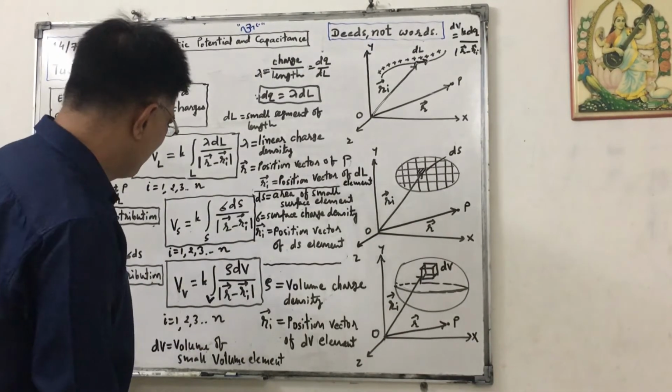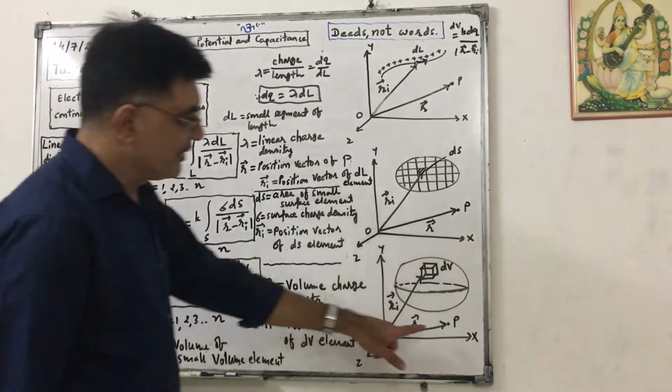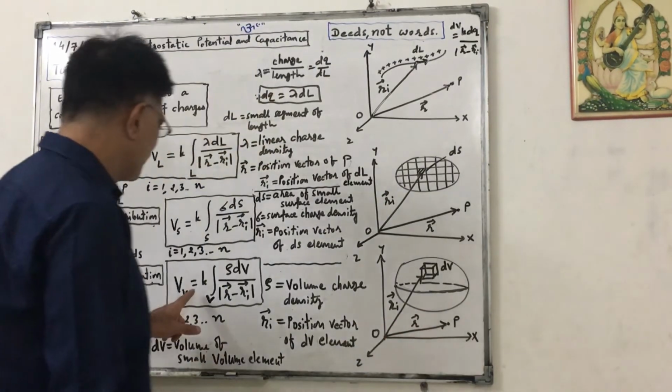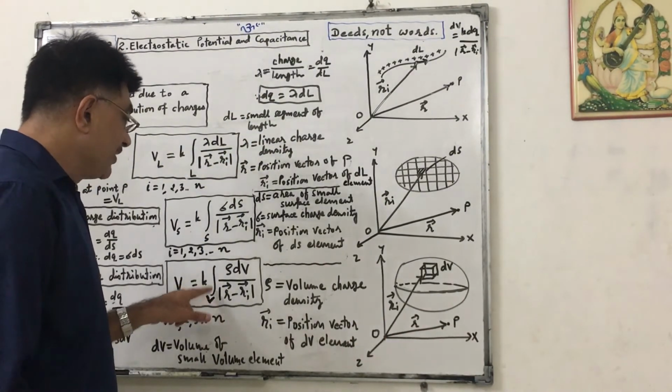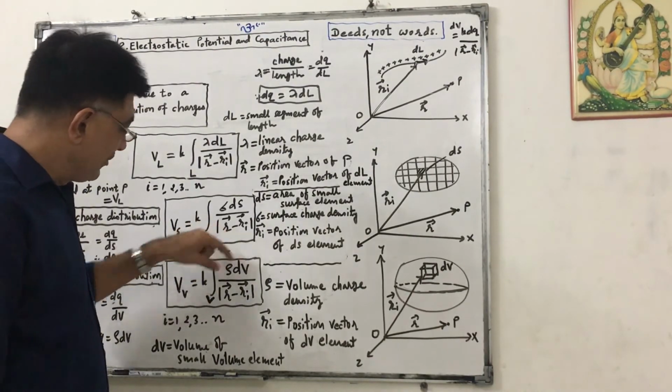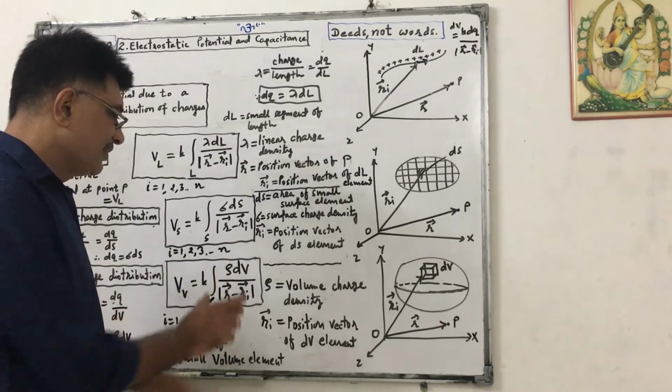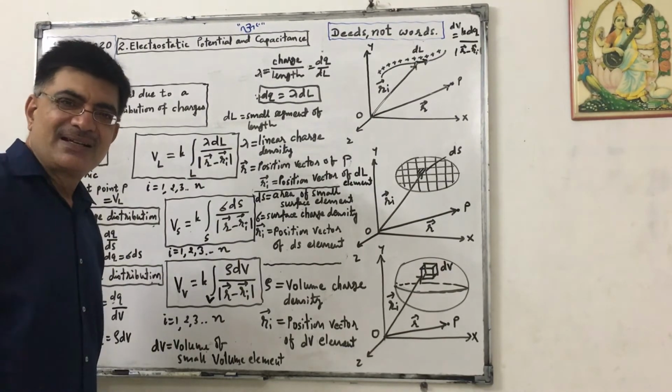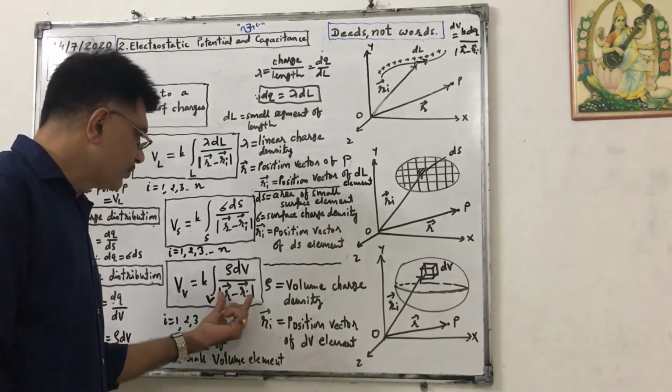In that case, the total electric potential at P will be equal to K times the volume integration. This is called volume integration. In place of dq, I have written rho dv upon mod of r minus Ri. Don't forget to write the mod.